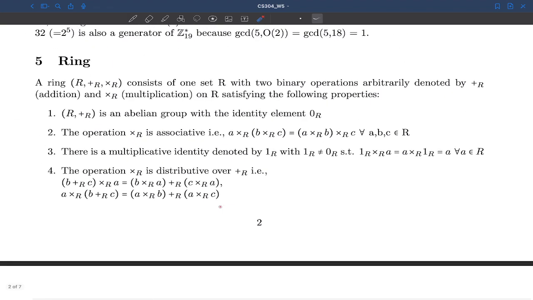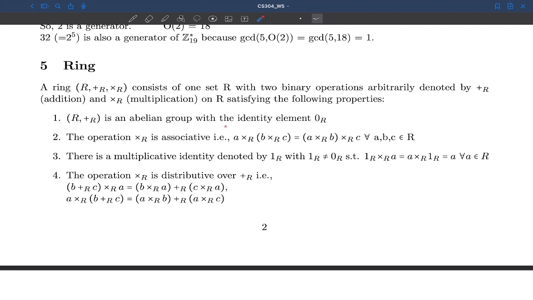In the axioms of a ring, it is not necessary for the set R to be a group with respect to the second operator. It is not mandatory.